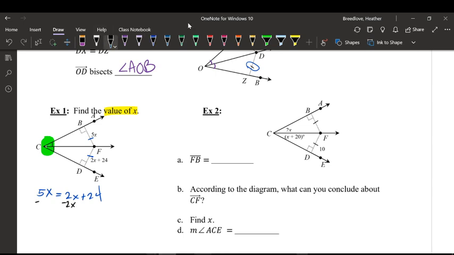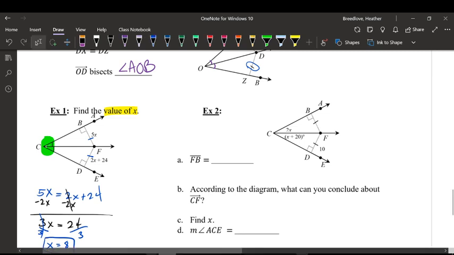Subtract the 2x. So 3x equals 24. Divide by 3. So x equals 8. And that's all it told me to do, is find the value of x.